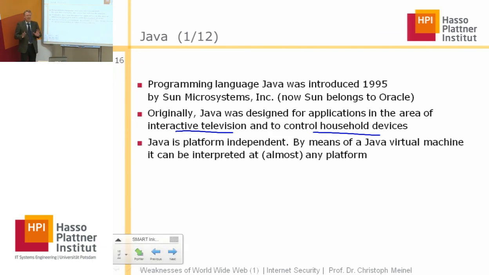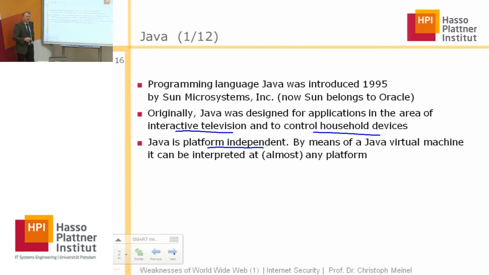For that reason, it was very important that Java was designed platform independent, because with household devices you have very different producers and it should work with everyone. So Java is platform independent, and for that reason it was easily applicable for all the applications in the internet.